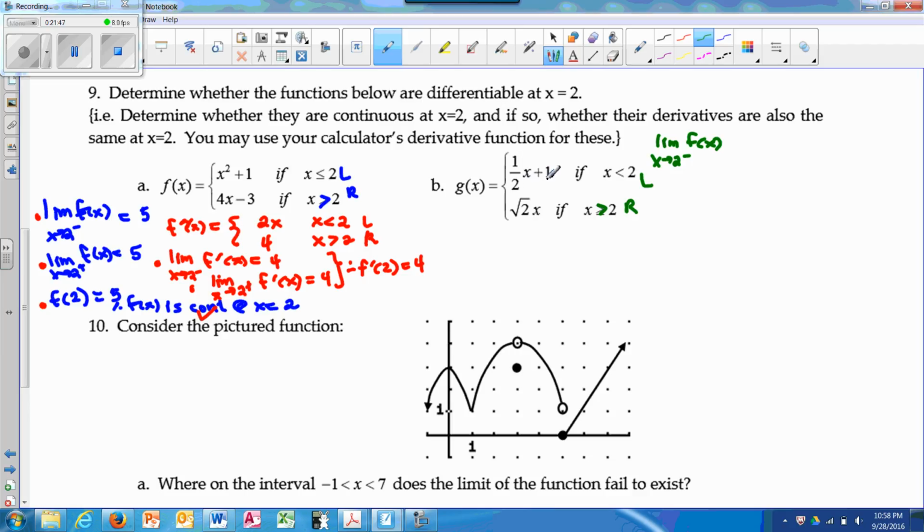The limit as x approaches 2 from the right of the derivative, so watch your notation, is the constant value of 4. Since we had continuity and the derivative matches, we can now say f prime, that looks like an inverse function, let me fix that.